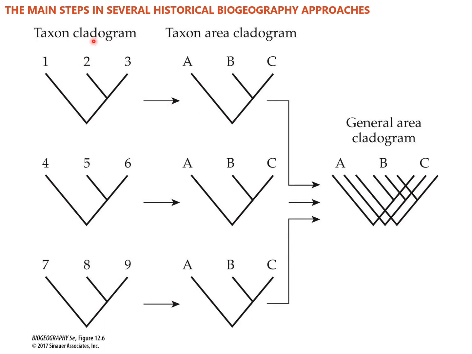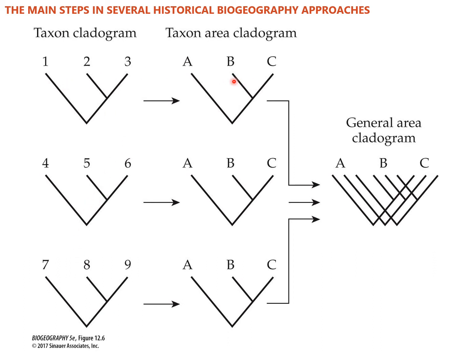If we have our taxon cladograms, and maybe we have cladograms for several different types of organisms here, this is all hypothetical, so it doesn't really matter what they are. But let's say you have groups 1, 2, and 3, which might be similarly related, and 4, 5, and 6, and 7, 8, and 9, all occurring in the same area, but they have different taxon cladograms.